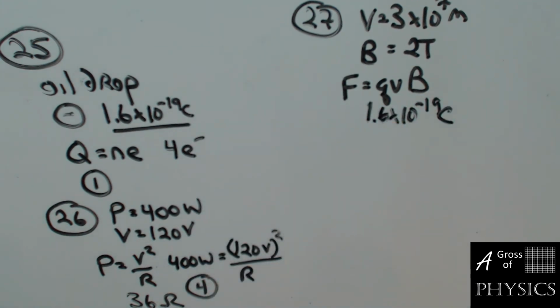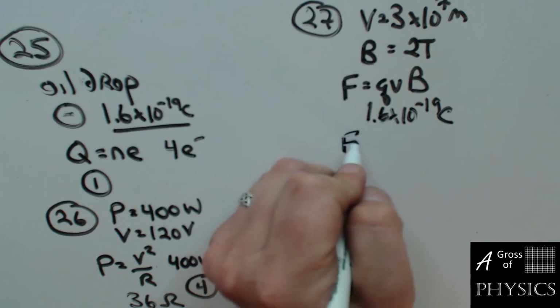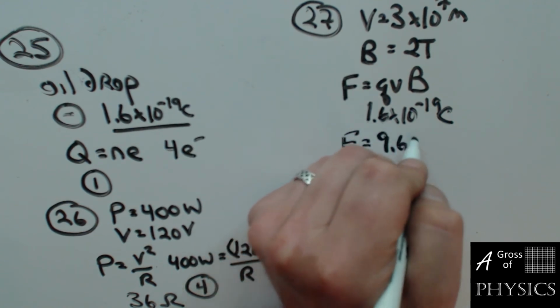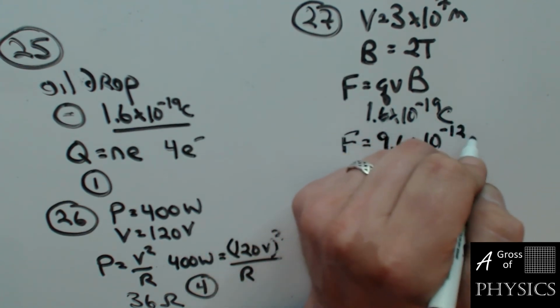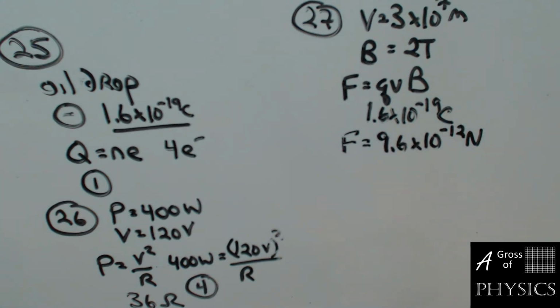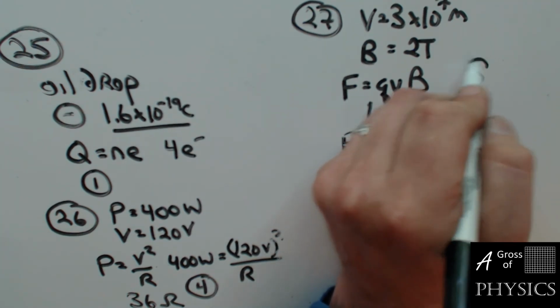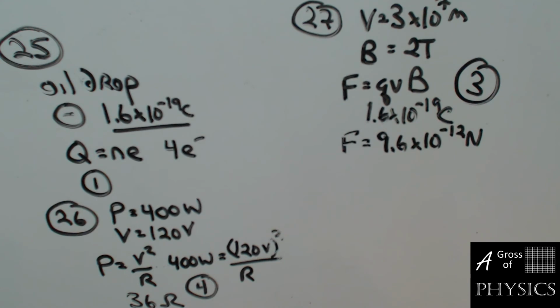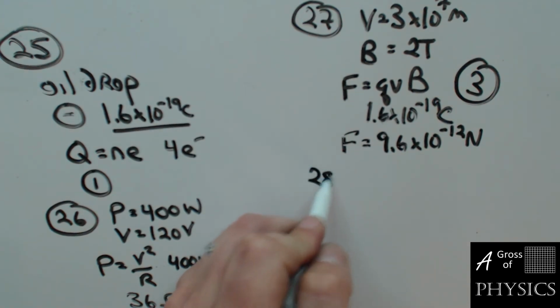So we just multiply the 3: 1.6 e negative 19 times 2 times 3 e7. And we have a force of 9.6 times 10 to the negative 12 newtons, which is choice 3. All right, now 28.